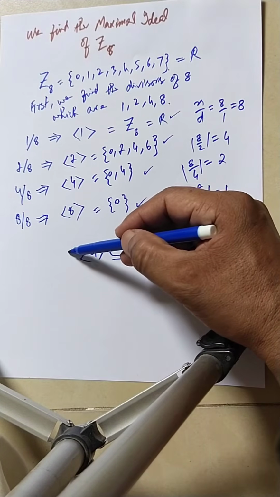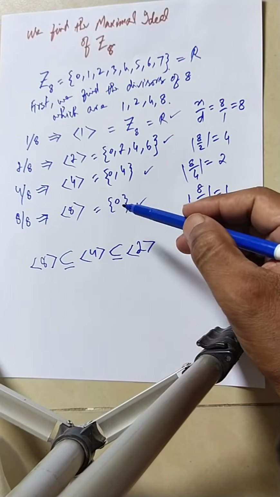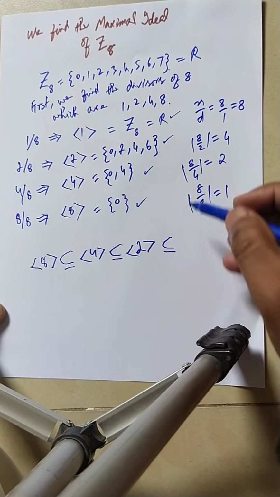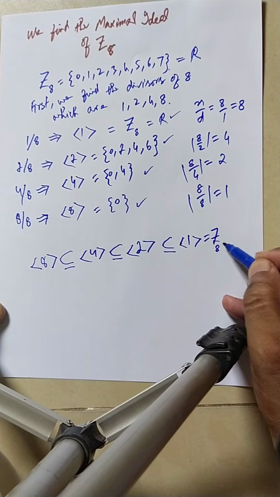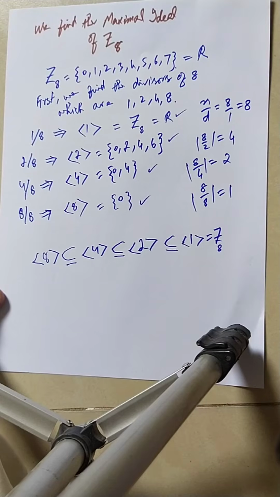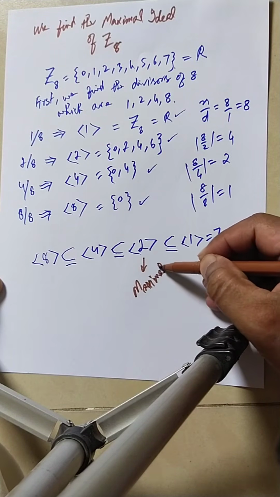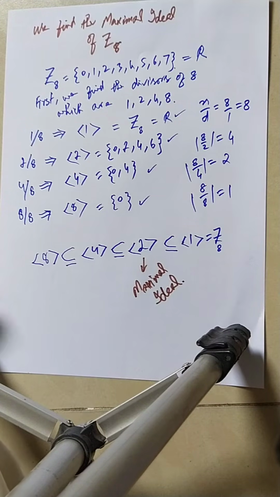And it also contains the ideal generated by 8 or the zero element. 2 is contained in Z8 and Z8 is generated by 1. 1 is Z8 or the ring itself. And from this we can conclude the ideal generated by 2 is the maximal ideal. So the maximal ideal of Z8 is the ideal generated by 2.